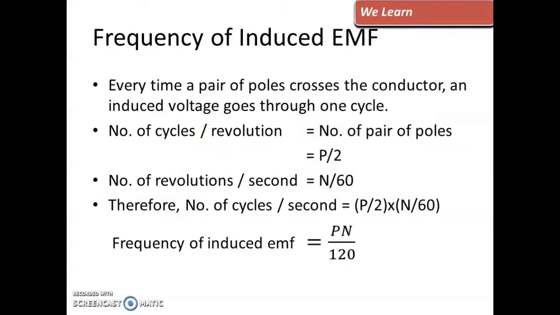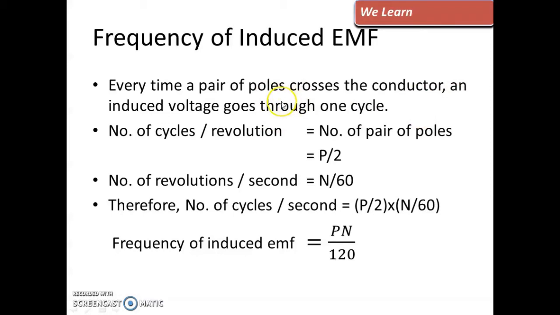When we say EMF is induced, it has a certain frequency, because we know our electrical system works on a certain frequency, which is 50 Hertz standard for India. Every time a pair of poles crosses the conductor, we get one cycle of EMF induced, as in the example we have just seen in the last slide.